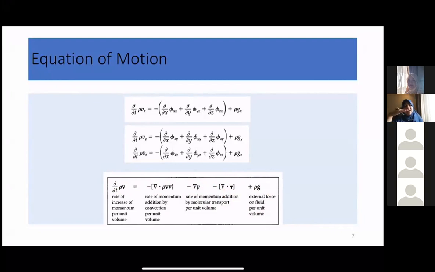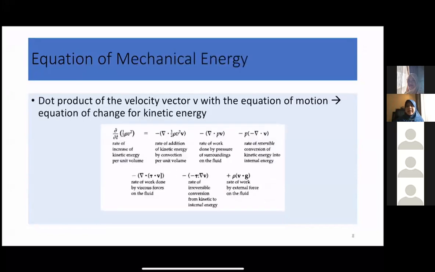That's why we need calculus 1 or 2 in the first year, and also mathematical analysis in the second year, because we're going to actually use it in transfer phenomena in the third year. And then this one, later on, is about the mechanical energy. The second one is the dot product of velocity with the equation of motion, related to the velocity.